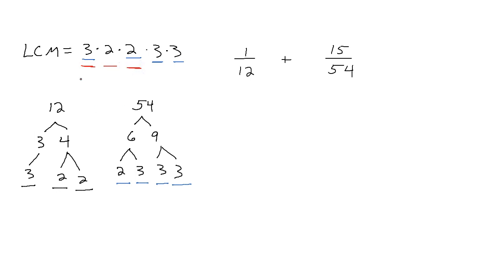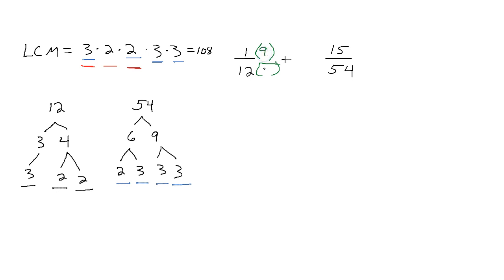Hopefully there will be some overlap so that the number isn't just 12 times 54. And when I multiply all of these numbers together, I get 108. So that's my LCM. So now when I come over here and I need to get my common denominator, I'm going to multiply 12 times 9.